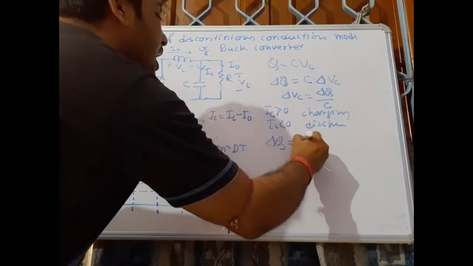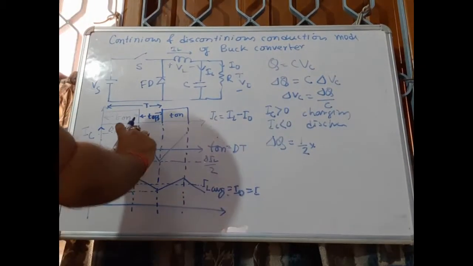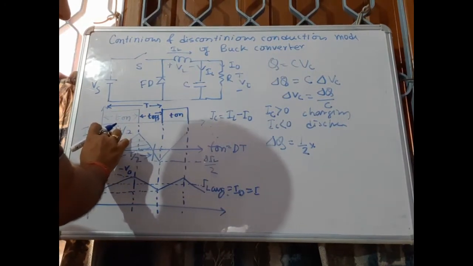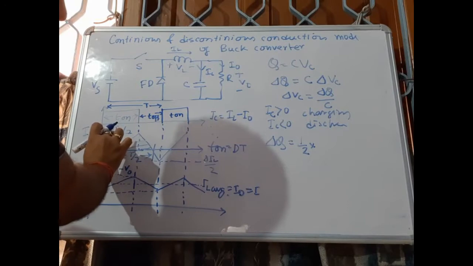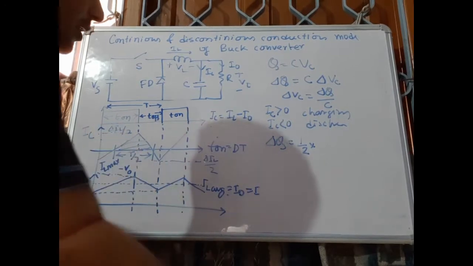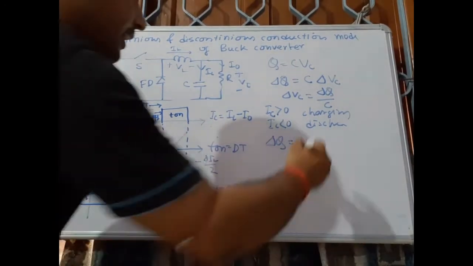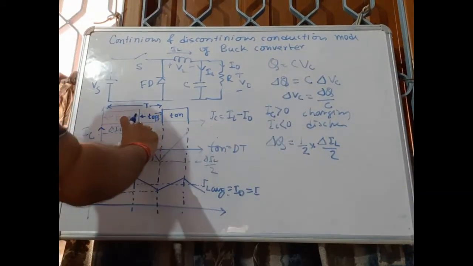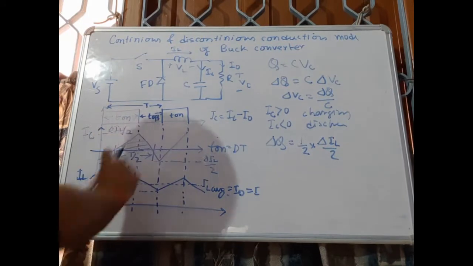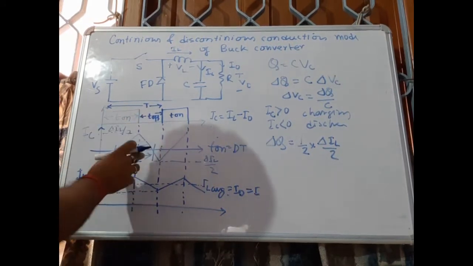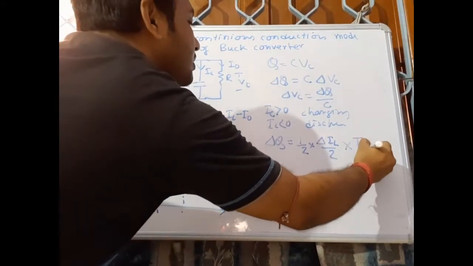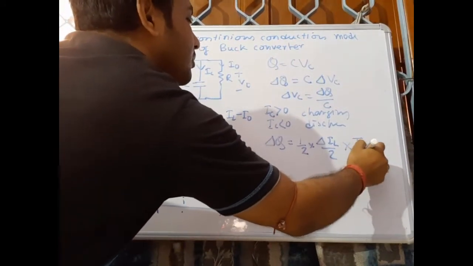So this will be half into ΔIL by 2. Half into the maximum value ΔIL by 2, which is the perpendicular distance, and this is the base, time T by 2.